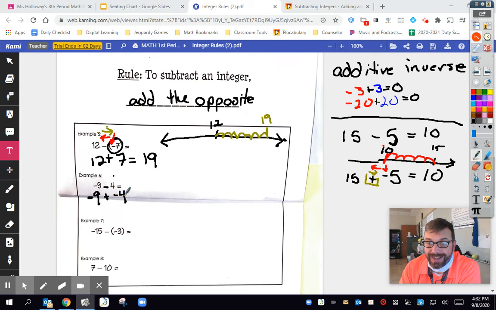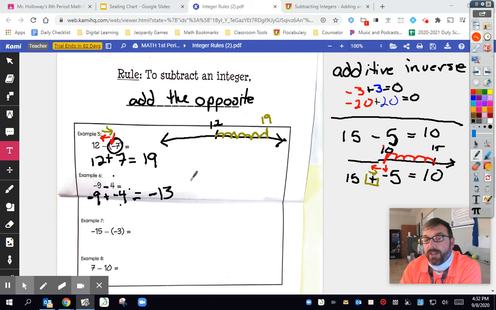I'm now making it a -4, so I'm now adding the opposite. Well, we have rules for when they're the same sign, don't we? When they're the same sign, we add the absolute value and keep the sign. So 9 plus 4 is 13. Both of them are negative, so it's -13.